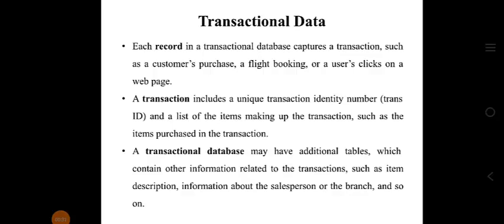A transactional database may have additional tables which contain other information related to the transactions such as item description, information about the salesperson or the branch, and so on.